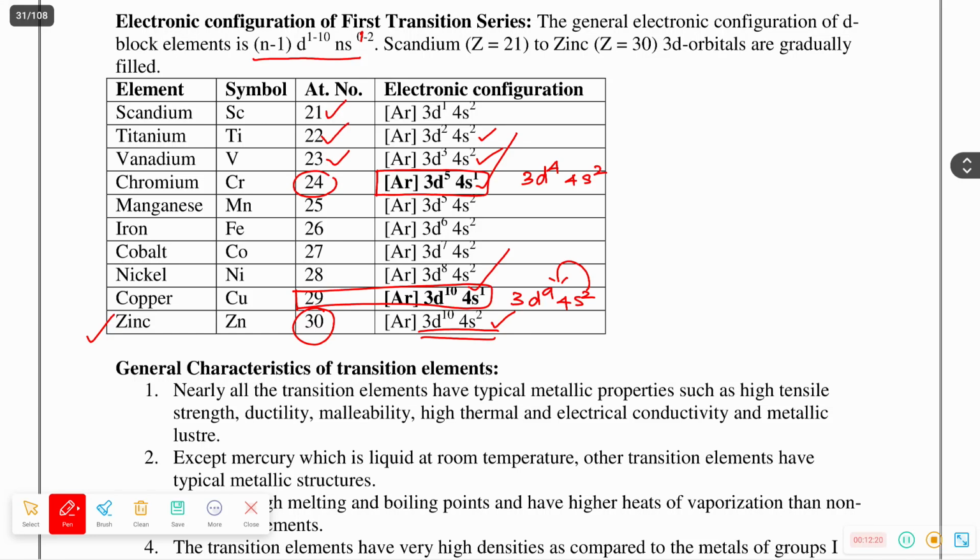They are d block elements, but not transition elements. Why? Because the d orbital is completely filled in the ground state or in their common oxidation state. What is the common oxidation state? +2. So it is clear.